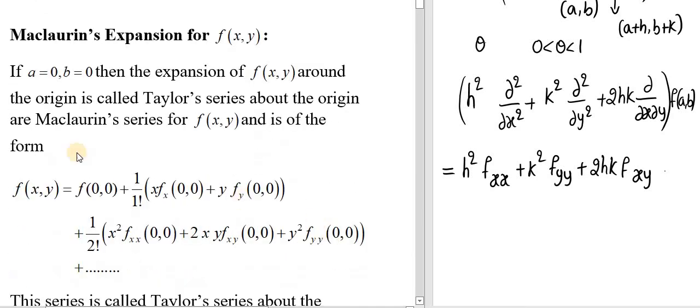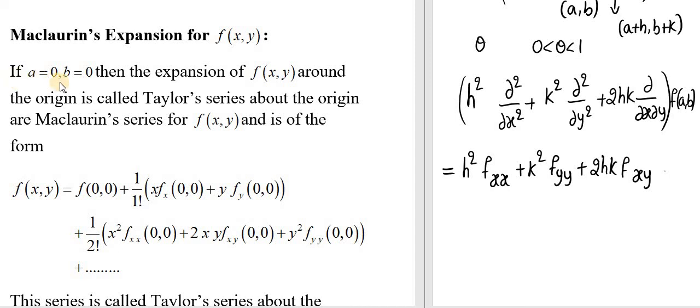Next, we are going to move to Maclaurin's expansion for f of x comma y. Already we know the difference of Maclaurin's expansion and Taylor's theorem. In Maclaurin's expansion, we are going to consider a equal to 0, b equal to 0.